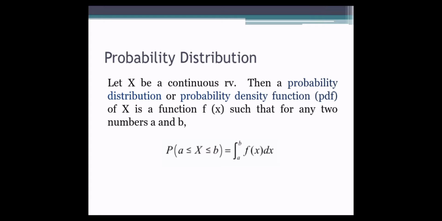Then below this we see the formula for the probability distribution. So probability of a less than or equal to x less than or equal to b. That is the probability that x lies between A and B, which is equal to the integral from A to B of f of x times dx.